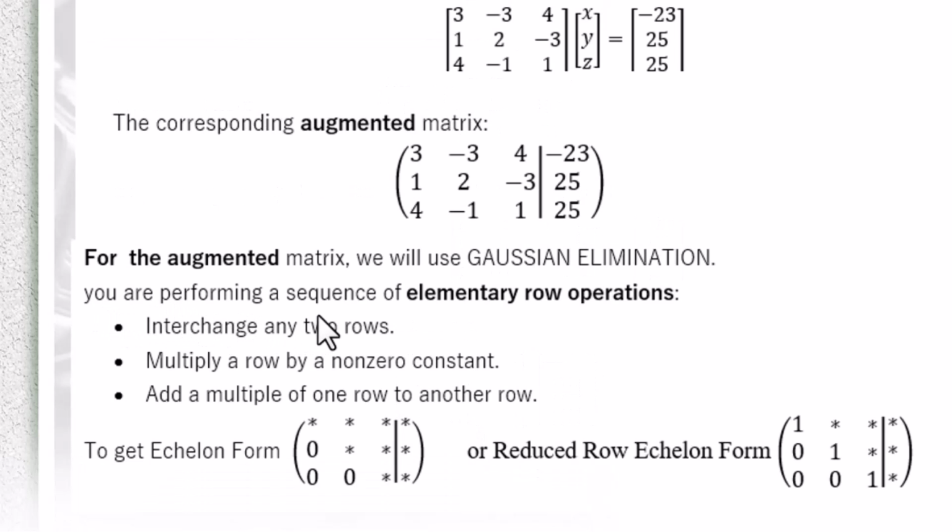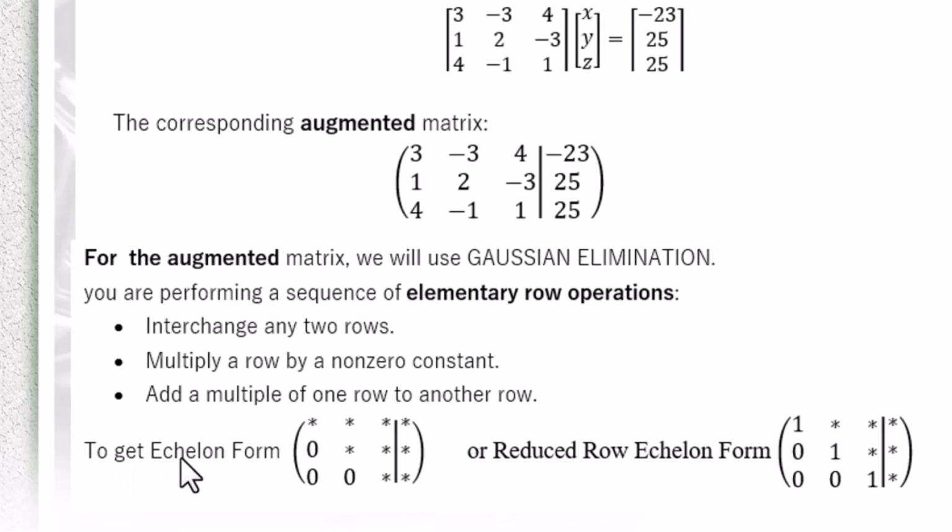You are performing a sequence of elementary row operations. You can exchange any two rows, or multiply a row by a non-zero constant, or add a multiple of one row to another row.